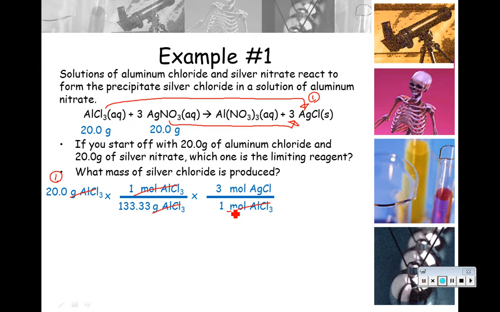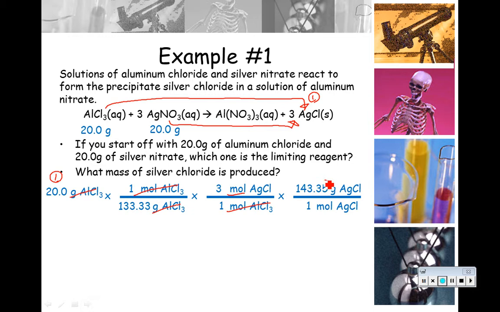The question is asking what mass of silver chloride is produced. So that means when I have moles of AgCl, I'm not done. What do I need to do? I need to convert it to mass, right? By doing 1 mole at the bottom, and the mass of AgCl from the periodic table, which is the molar mass, I get 143.35 grams for every 1 mole.